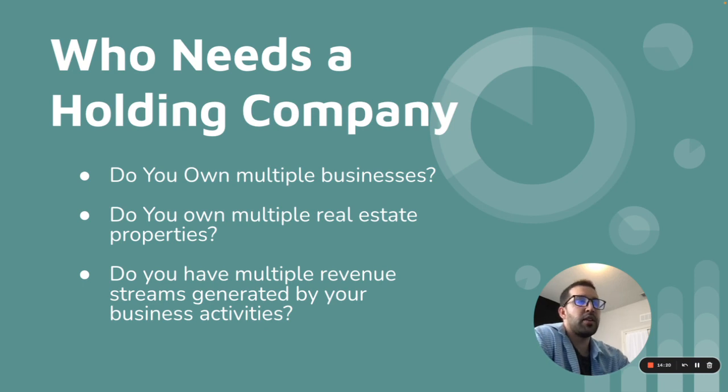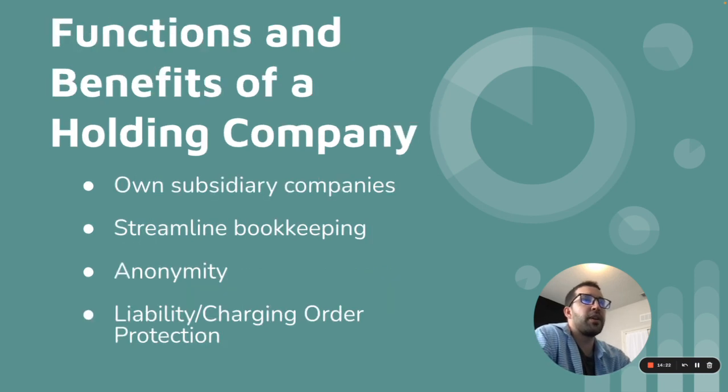Again, I know I went through a lot of this already. Owning subsidiary companies is one of the features of a holding company as opposed to a series. With a series LLC, I want to differentiate the two. It's not like an either or. I would say that a series LLC is more used for passive income.